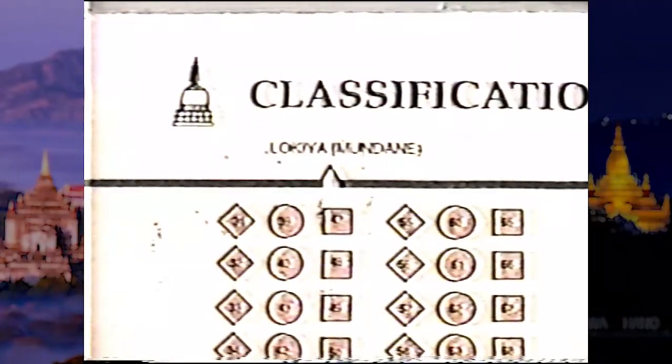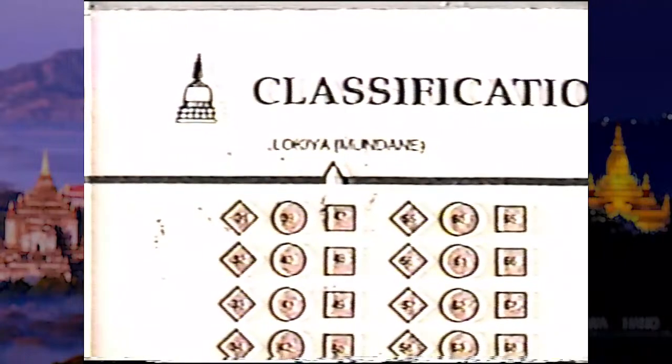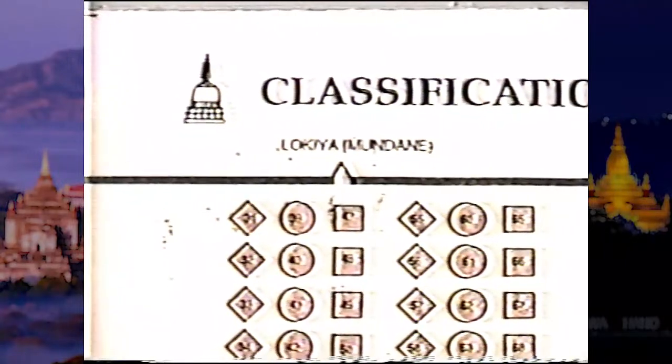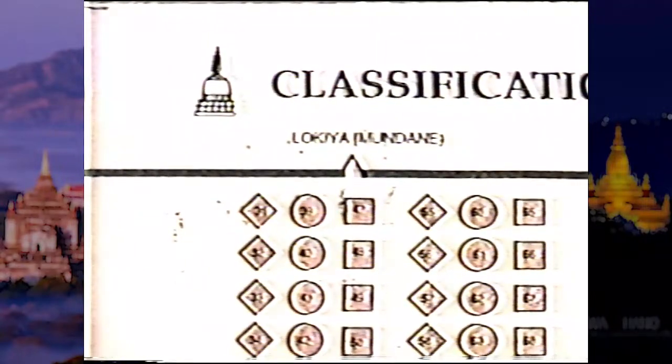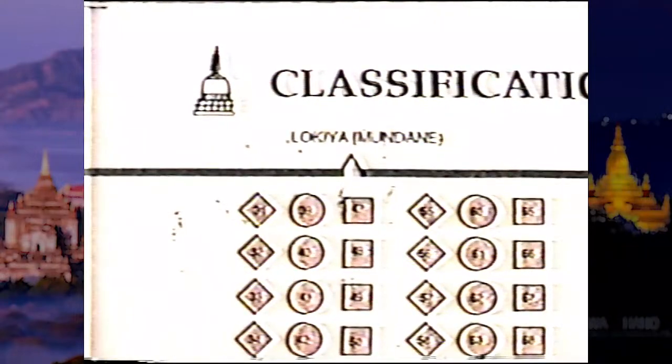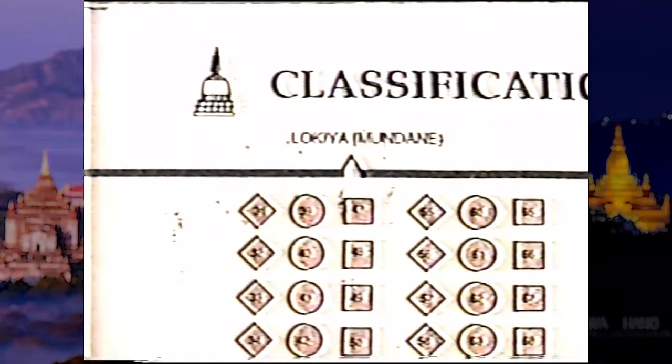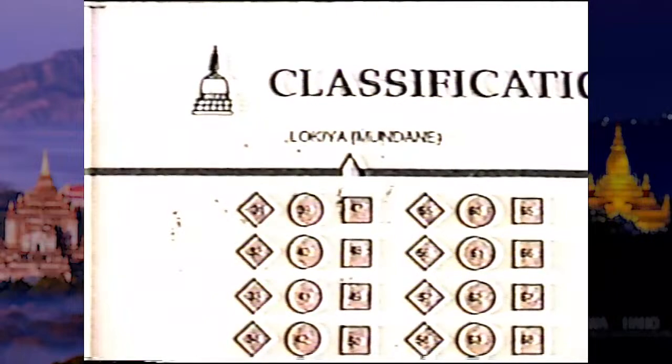Now in the word lokiya, there is the word loka, and loka is usually translated as world. But here loka means the 5 aggregates of clinging, or 5 aggregates that are the object of clinging. So those that are included in these 5 aggregates of clinging are called lokiya. So lokiya cittas are those that belong to the 5 aggregates of clinging.